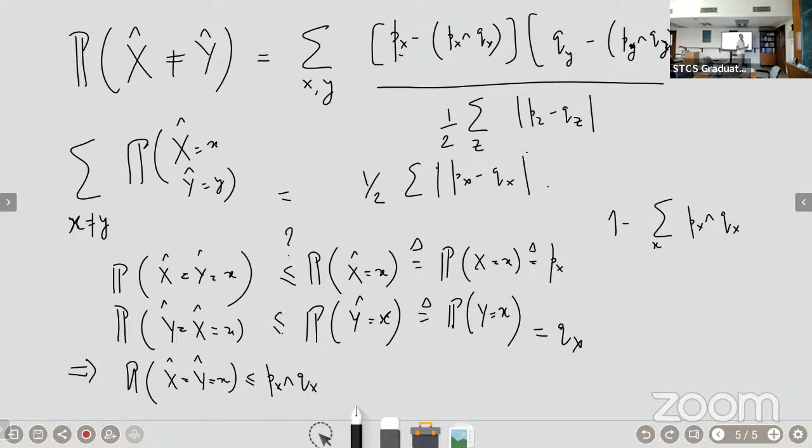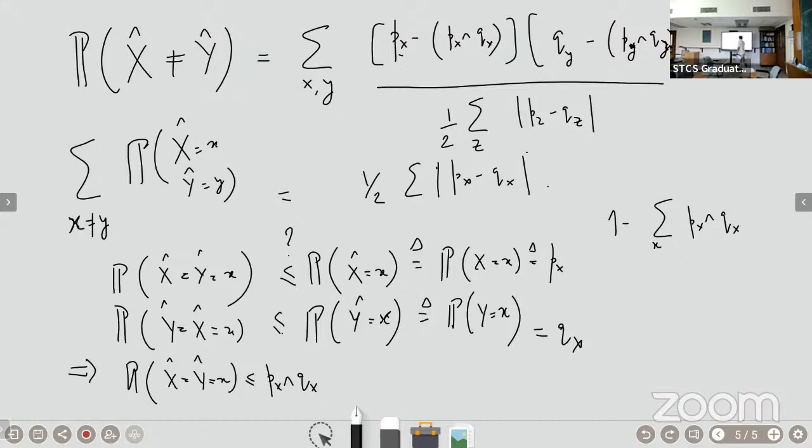Okay. Now what is the punchline? We can reverse it: 1 minus. Also, summate over everything. That's pretty much it, right? Kind of done. What did I want? I wanted x hat not equal to y hat as a random variable. So that is nothing but the summation over all these complements. Yeah. That is nothing but 1 minus the summation of this.